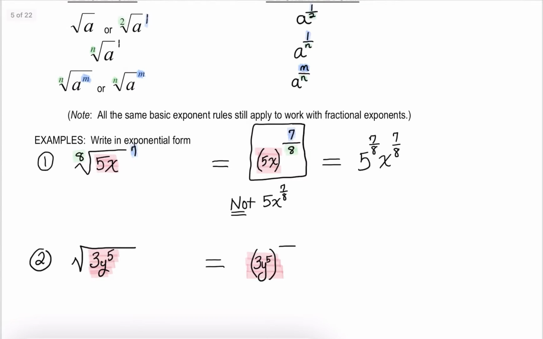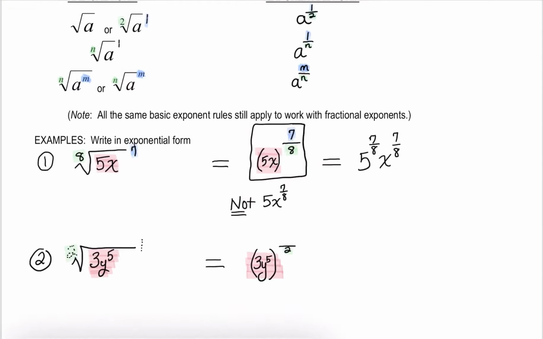Okay, in this one, when there is no index written here, we know there is an implied index of 2. So the denominator of my exponent is a 2. That comes from that implied index of 2. Now here there is no outer power, so there's an implied 1 here.